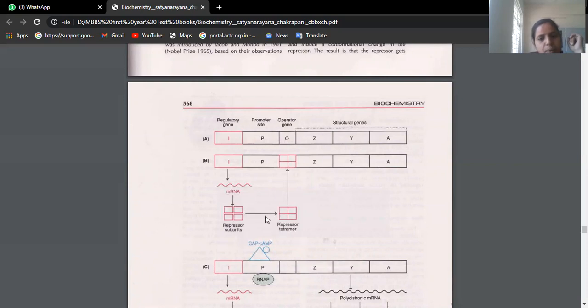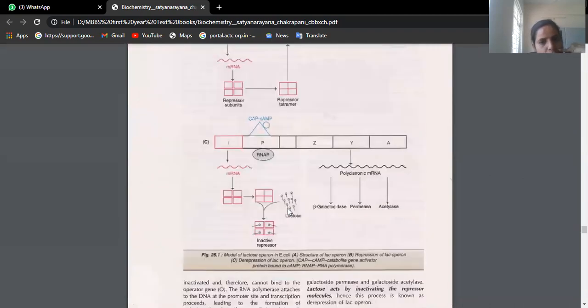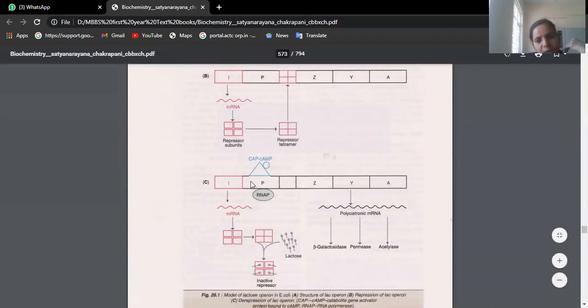Four subunits join together to form the repressor tetramer. This is now fixed in the structure of this gene. Now at the operator gene, the repressor tetramer comes. So this is A, showing the structural component. B, we are seeing how it is working, and this is at the promoter side.